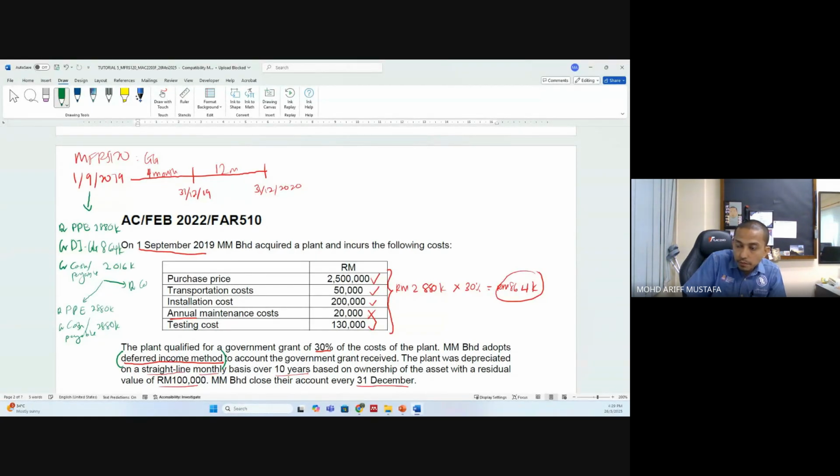So debit cash or payable and credit deferred income, deferred income, government grant. This figure should be 864,000. Okay. So I combine this with this, and it will become this three. This one is the shortcut method, right? This is a combination of these two journal entries to become one journal entry.